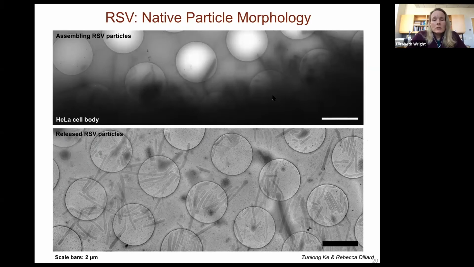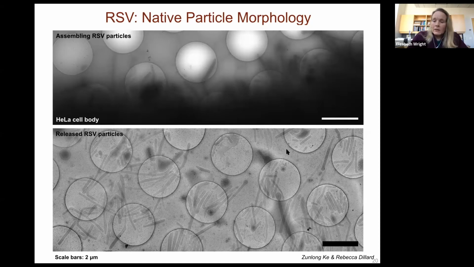And so with using these techniques, this is what the native particle morphology for RSV looks like. And we can see that in here we have the HeLa cell body at the bottom, at the top panel. And so this is a pretty thick region of the cell, so we're not going to be able to have the electron beam penetrate that, but you can see all the virus particles growing off of that cell.